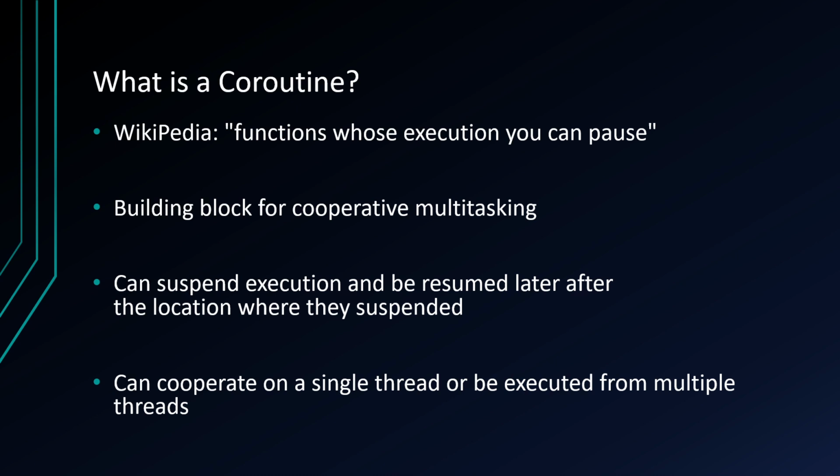The idea of a coroutine is that the function itself, at certain points within the body of the function, declares that there are certain suspension points within the code, and at those suspension points, execution may be suspended.